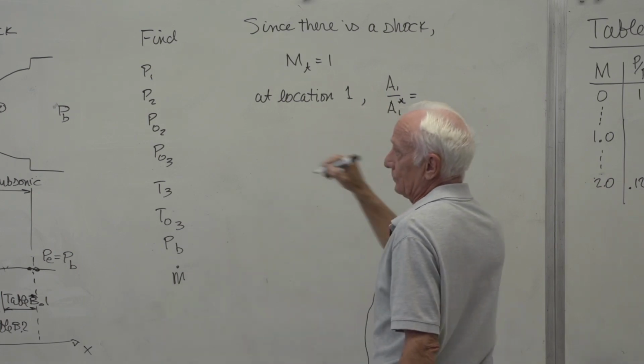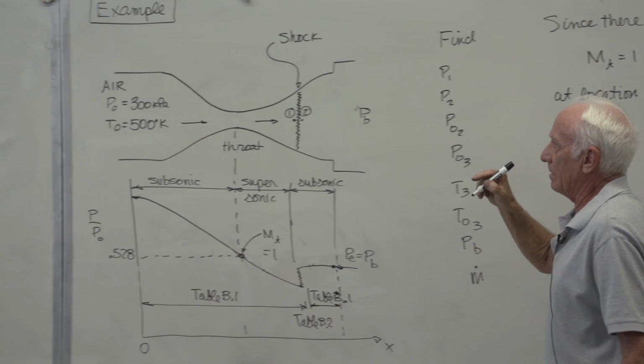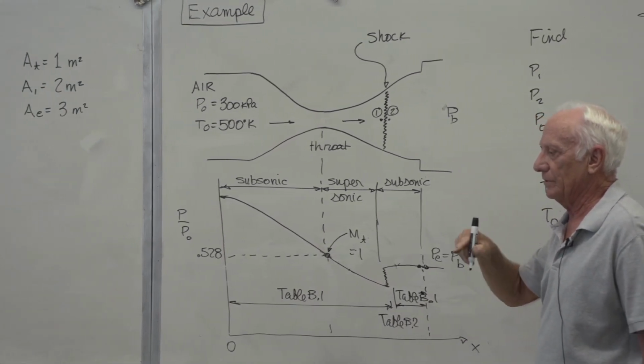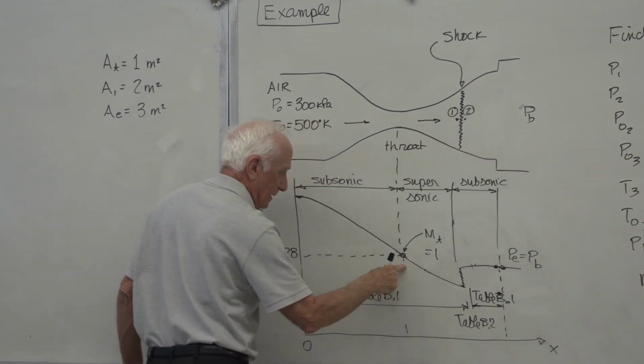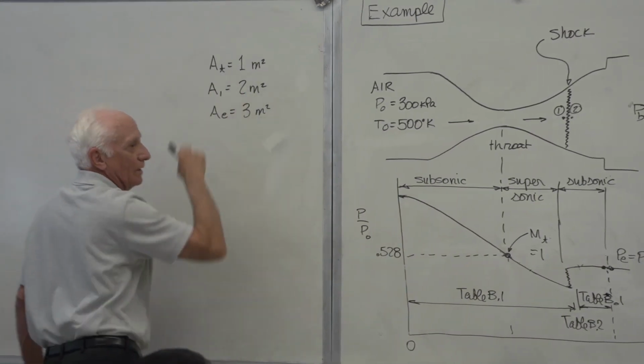A1 is equal to 2. A1 star is the area at the location where the Mach number's 1. Mach number's 1 at the throat. Area of the throat, 1.